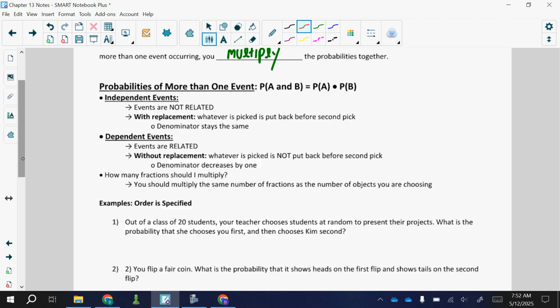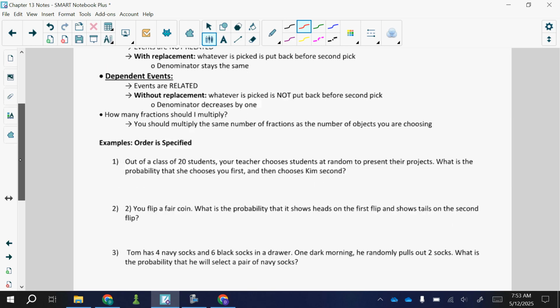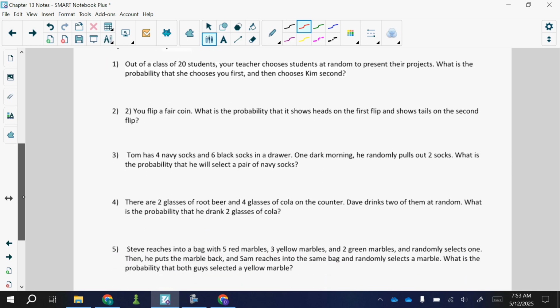That affects the probability each time you deal a card out, because now there are fewer cards to choose from. Independent and dependent events are usually fairly intuitive, so you could figure it out even if you don't remember which is which. Let's take a look at some examples.